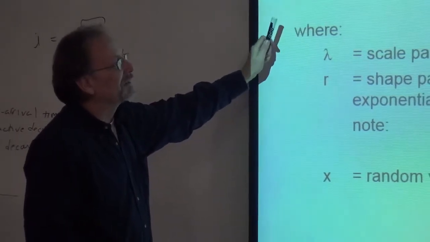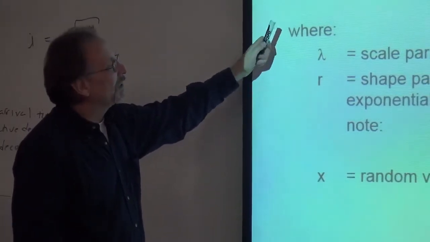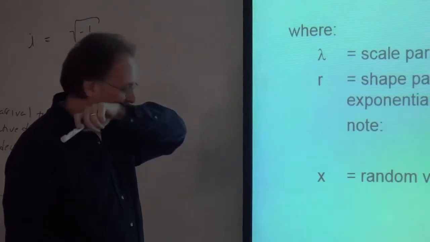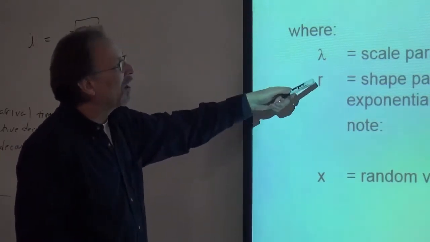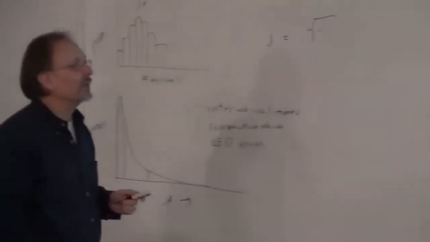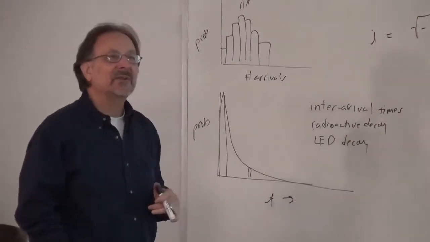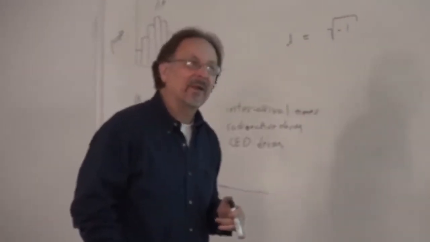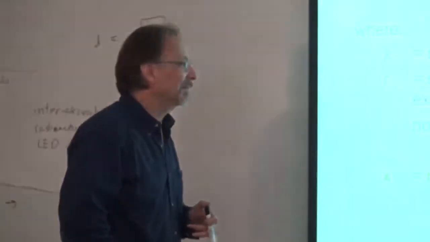But it becomes an event rate, but it now is also called a scale parameter. Okay? We have r, which we call a shape parameter, which means that it is the number of exponential components that we are dealing with simultaneously.